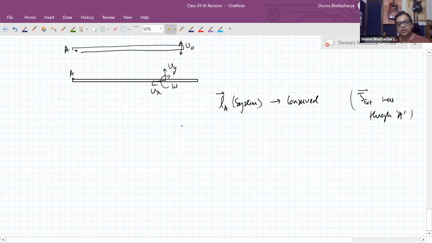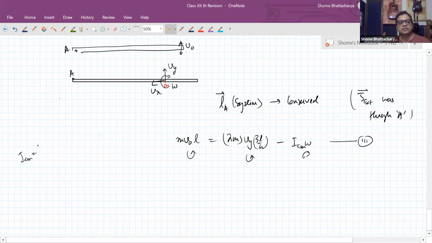Okay. So m V0 L, which you can see about A is anti-clockwise, should be equal to 2m Vy into 3L by 4, which is also anti-clockwise, but minus I_CM omega, where this is the center of mass, because I have taken omega to be clockwise. Okay. So this is going to be my third equation. In this, of course, I will substitute I_CM as we did, as the moment of inertia of the rod plus the moment of inertia of the particle.